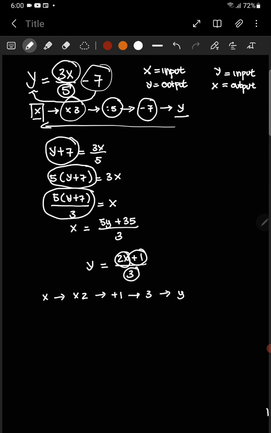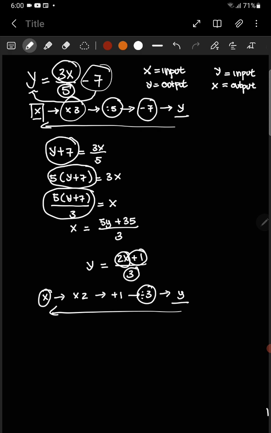Change the subject of the formula to x. Then the x becomes the output. The input will be the y. Inverse operation. Then look, what should you do with the y first? This one. What is the opposite of the division?